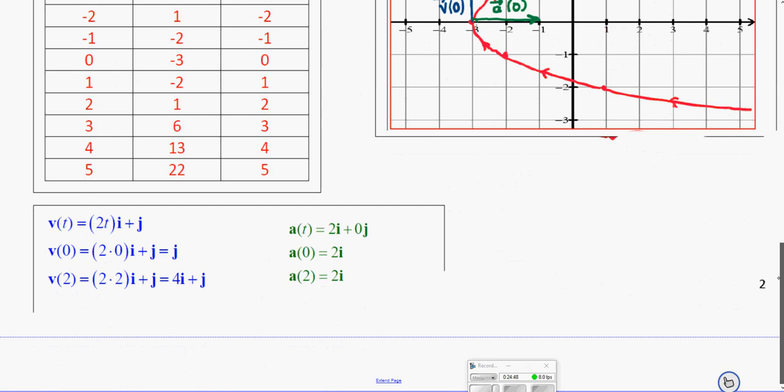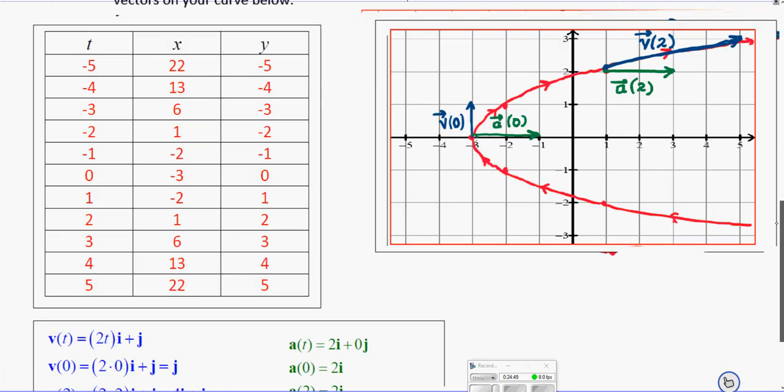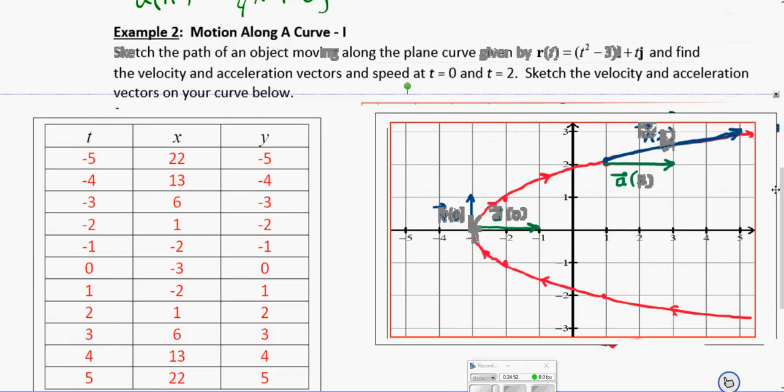Now let's go ahead and find the derivative. When I take the derivative of t squared minus 3, the horizontal component, I get 2t. And when I take the derivative of tj, the derivative of t with respect to t is 1, so I get 1j.